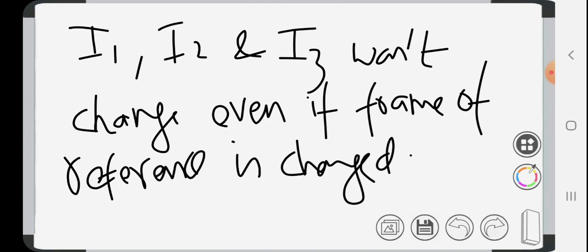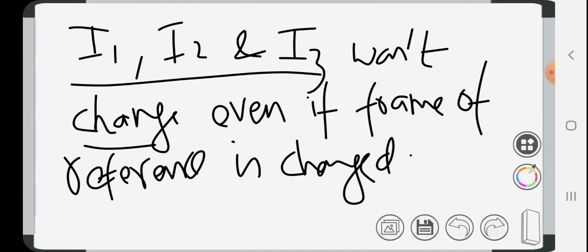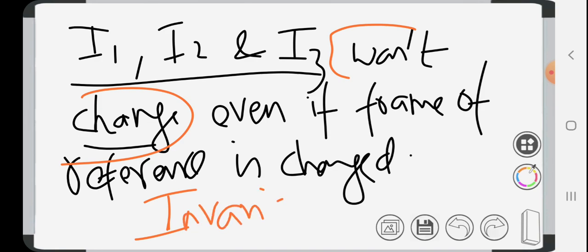That is why I1, I2 and I3 are called invariants. Invariant means it won't vary with respect to the frame of reference. Won't change means won't vary. That is why invariant. So the values of I1, I2 and I3 will be the same.